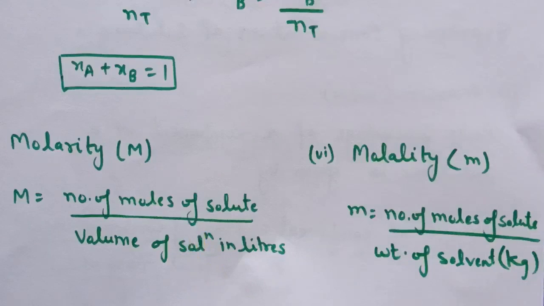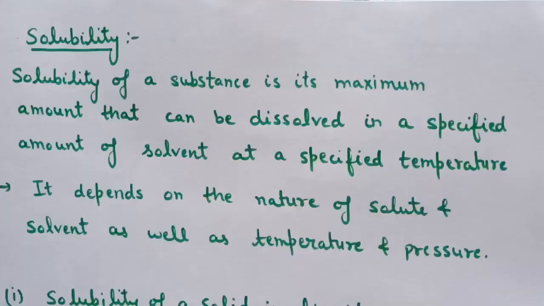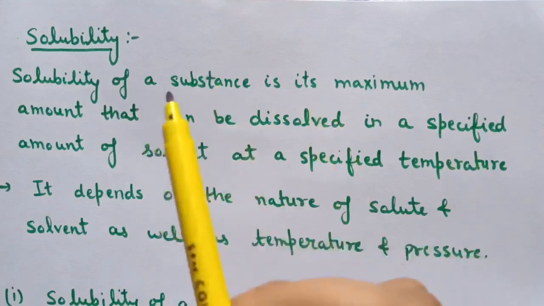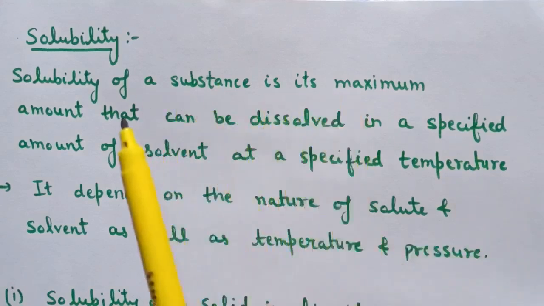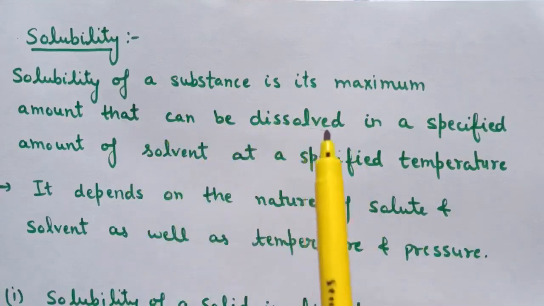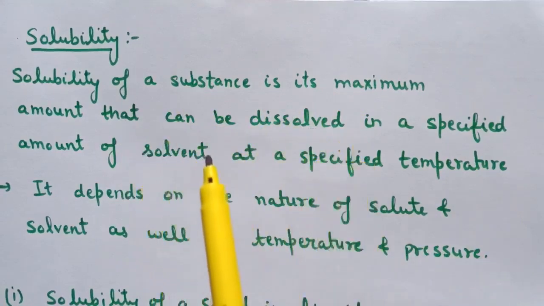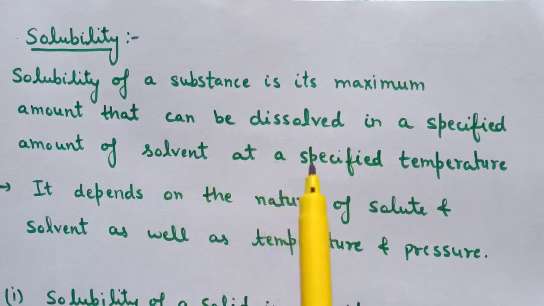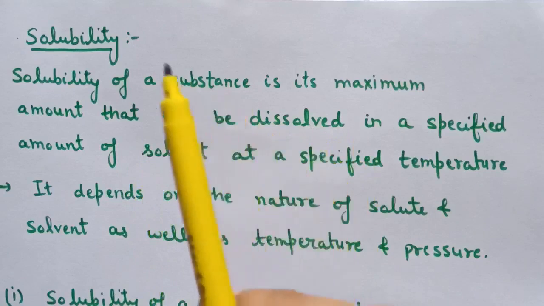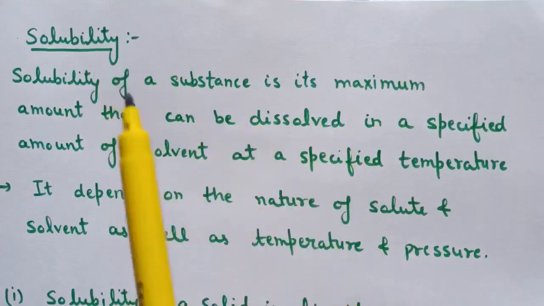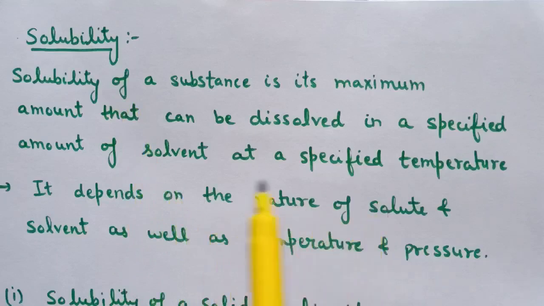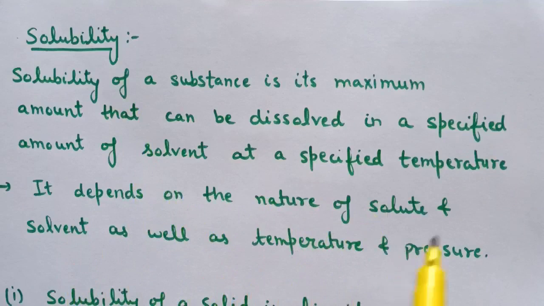Now next we will discuss solubility. So first of all, we will define what is solubility. Solubility of a substance is its maximum amount that can be dissolved in a specified amount of solvent at a specified temperature. That is known as solubility. And solubility depends upon the nature of solute and solvent as well as on temperature and pressure.